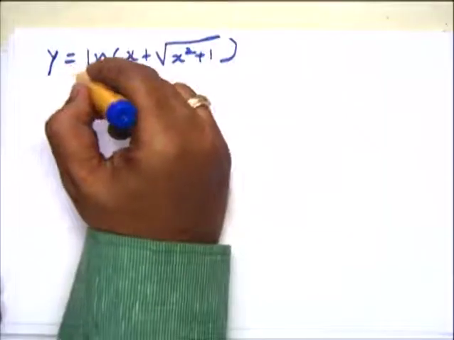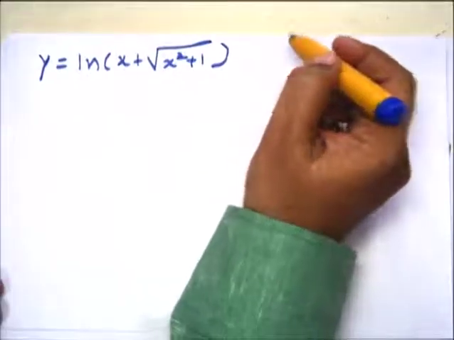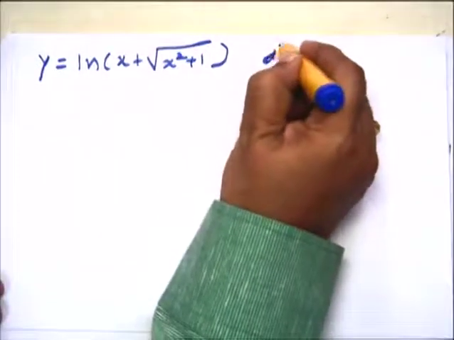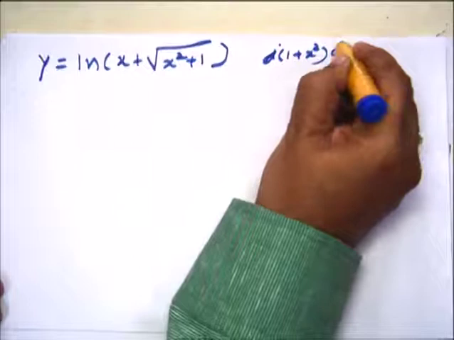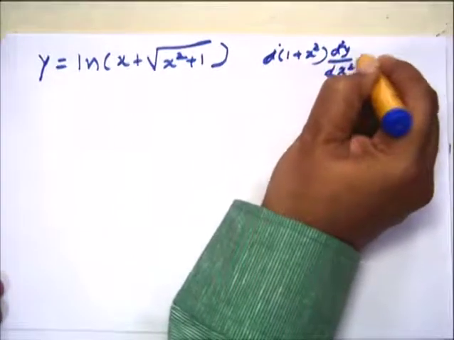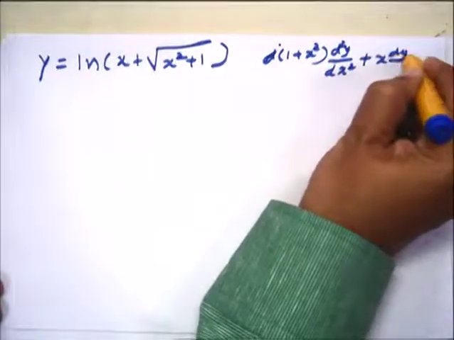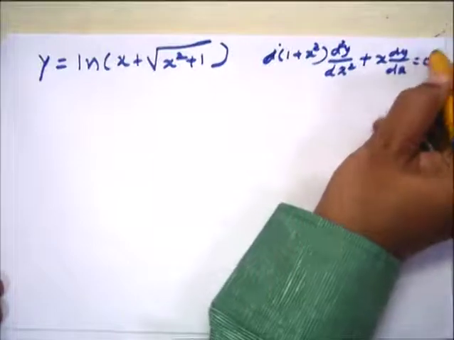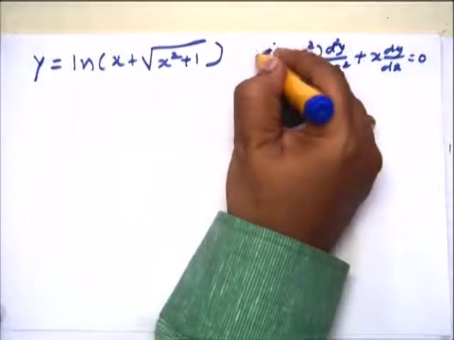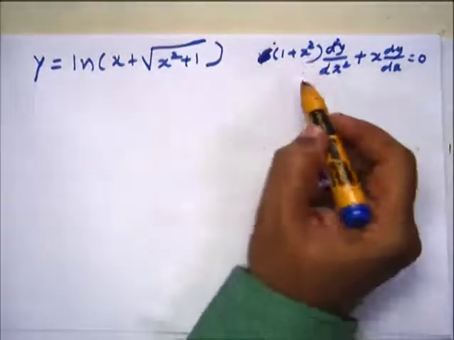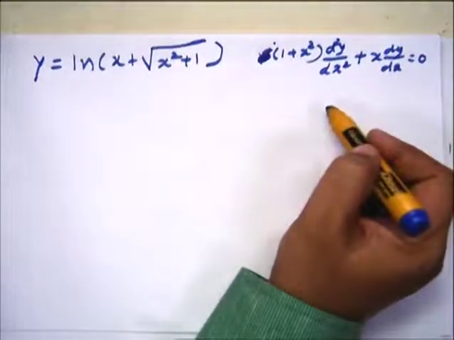We have y is equal to log of x plus root of x square plus 1, and we have to prove that 1 plus x square into d2y by dx2 plus x dy by dx is equal to 0. This exactly we want to prove.